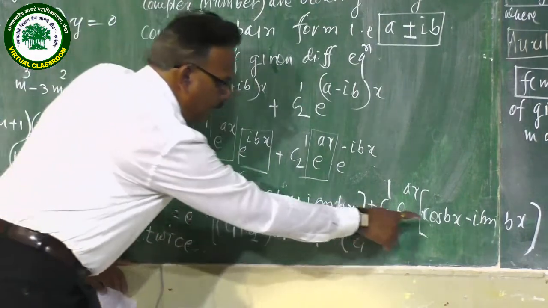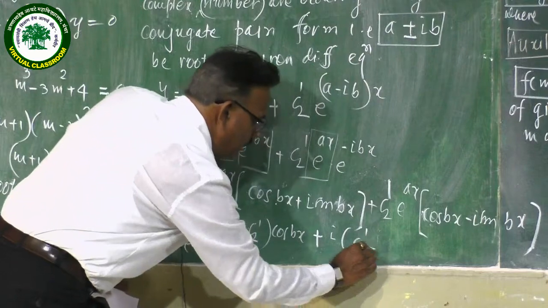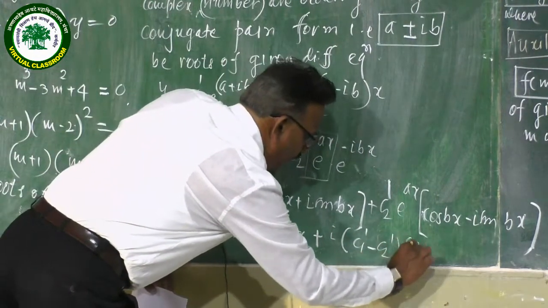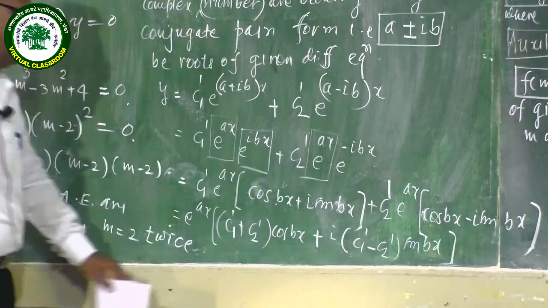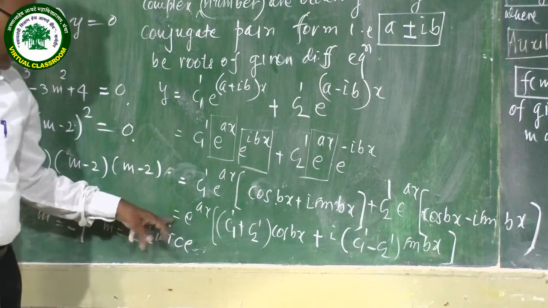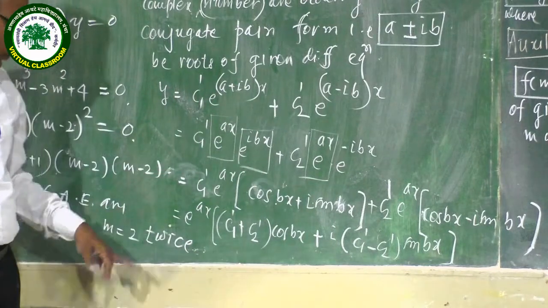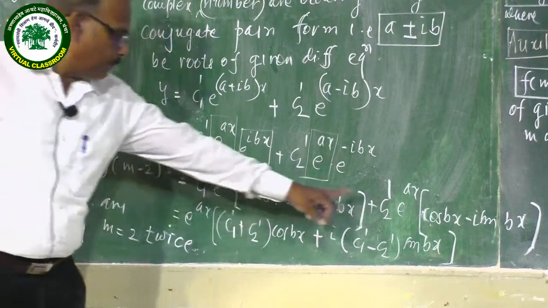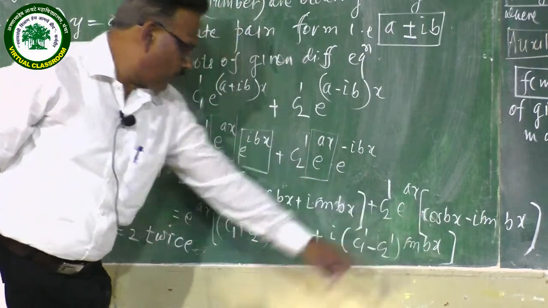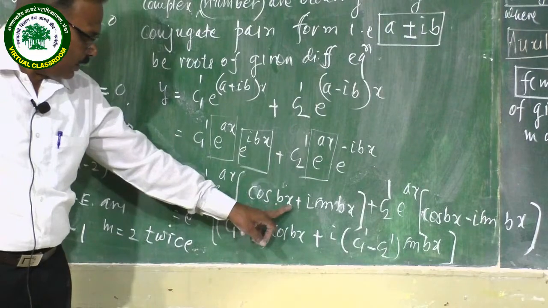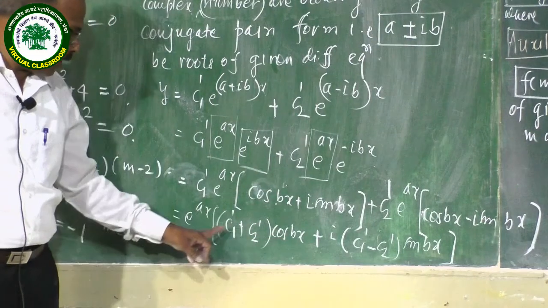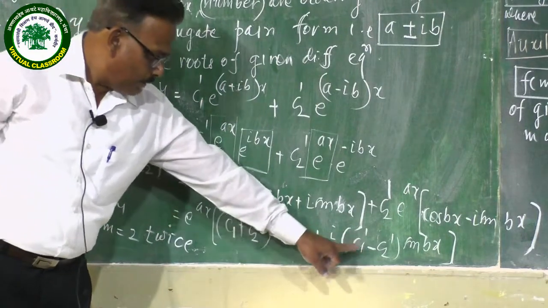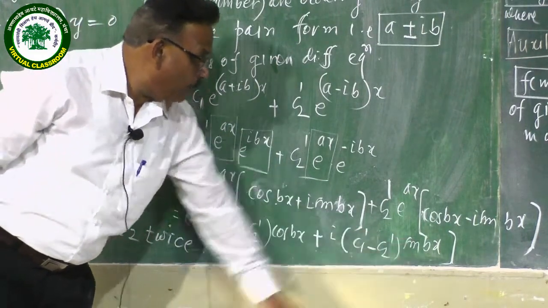I am taking all terms together. E raised to ax is common, C1 dash plus C2 dash into cos of bx, plus i into C1 dash minus C2 dash into sin of bx.